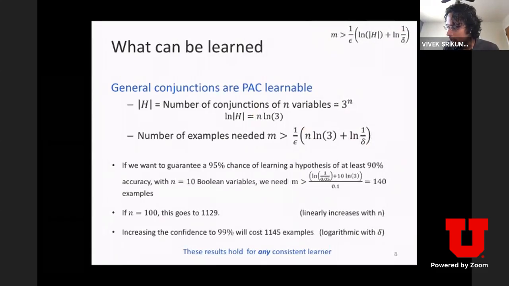Just to briefly talk about it, epsilon is how accurate you want your classifier to be, and delta controls the chance that you'll actually find such a classifier. And these are two separate things. There is the accuracy of a classifier, and then there's the guarantee of the chance of finding such a good enough classifier. That's why it's probably approximately correct. So this is the probably part, and this is the approximately correct part.